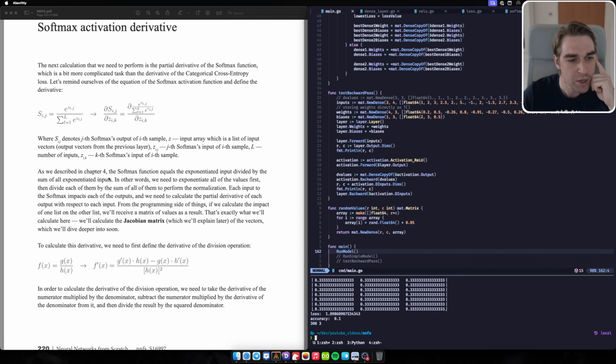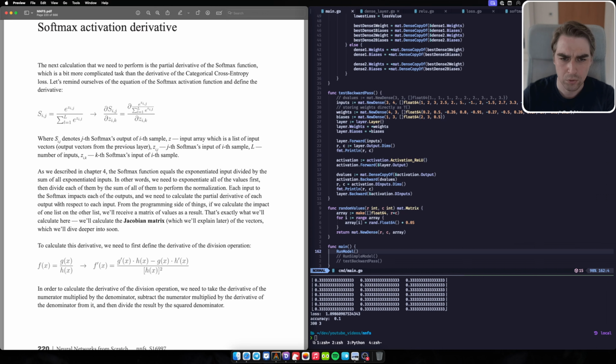As we described in chapter 4, the softmax function equals the exponentiated input divided by the sum of all exponentiated inputs. In other words, we need to exponentiate all the values first, then divide each of them by the sum of all of them to perform the normalization.